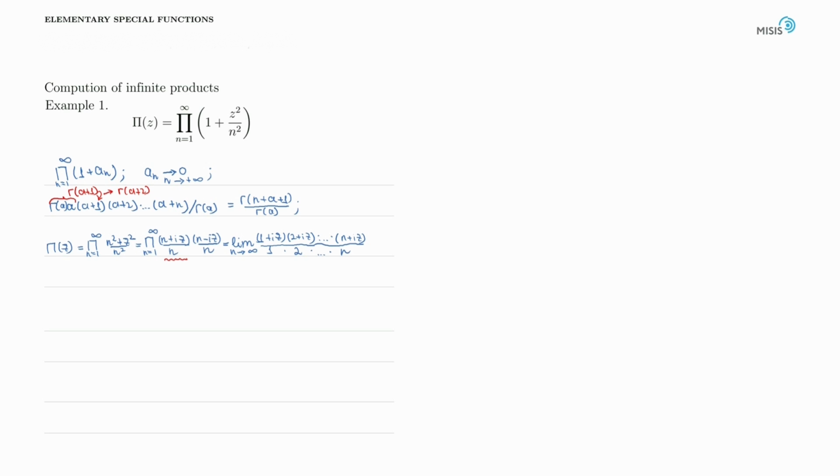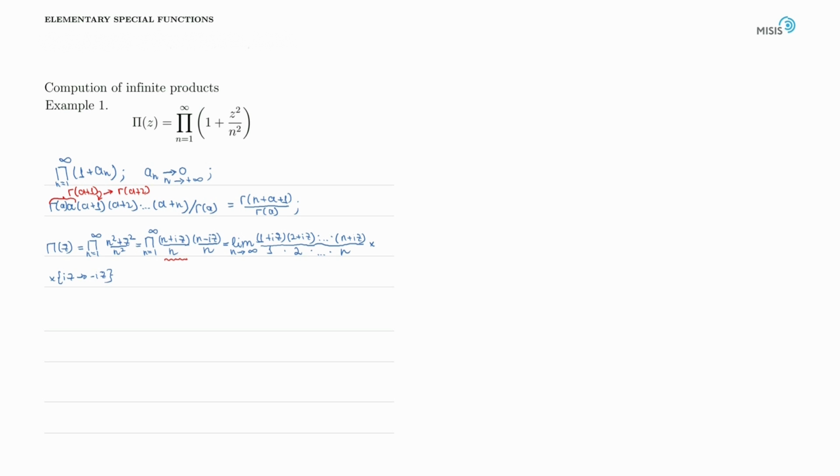So this is the first fraction. Of course, there is a second one, which is basically the same. You just change iz to minus iz. All right. And now let's transform that kind of product according to our simplification rule.